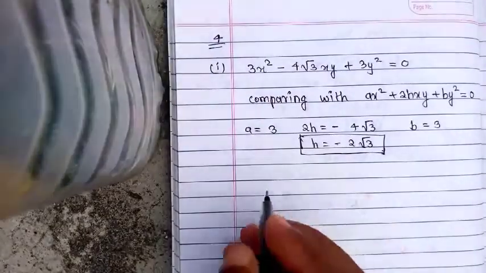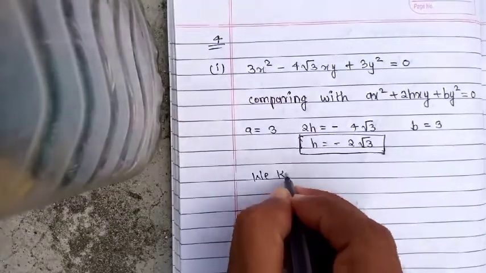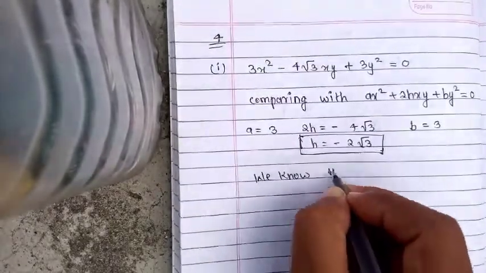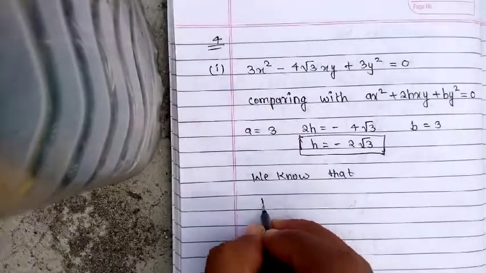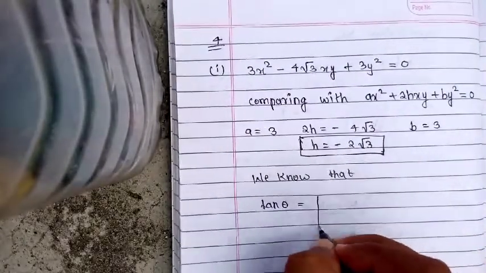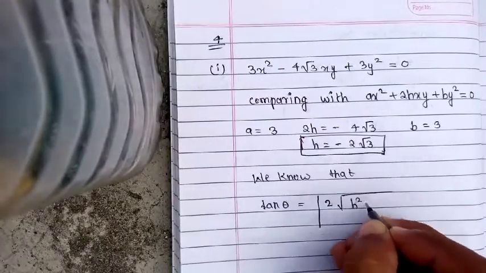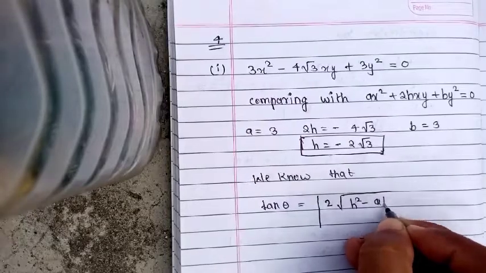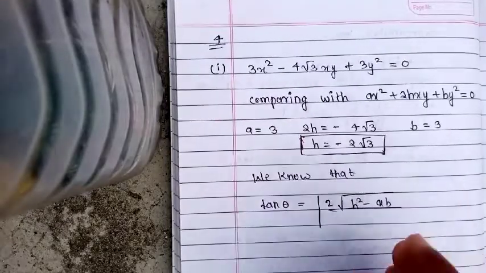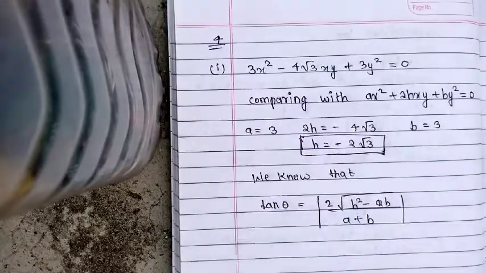Now we know that tan theta is equal to mod of 2 root h square minus ab upon a plus b. This is the formula.